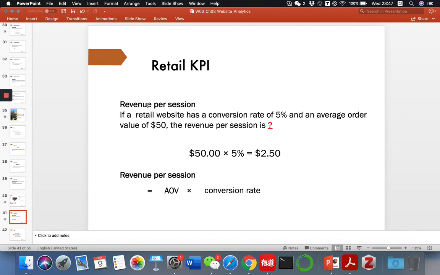And here, because it's a retail website, conversion means order, deal. So in this sense, revenue per session can be calculated by using AOV times conversion rate.